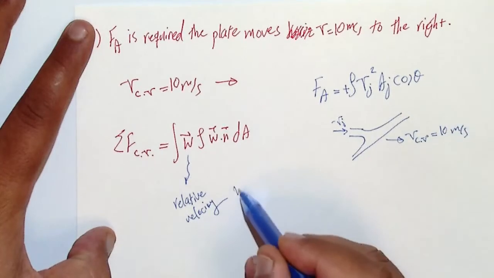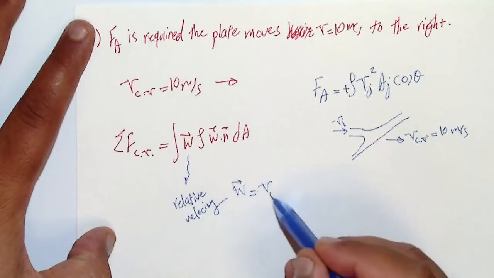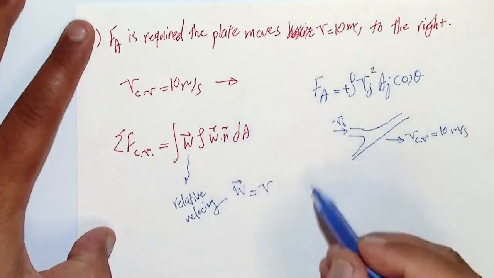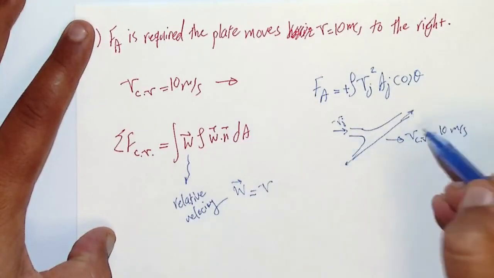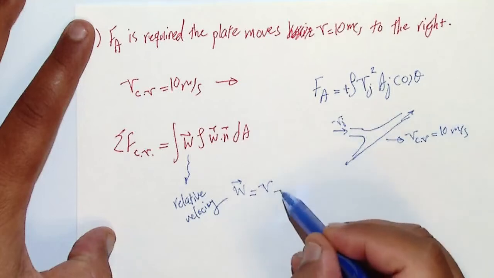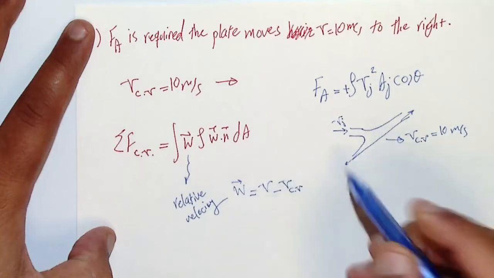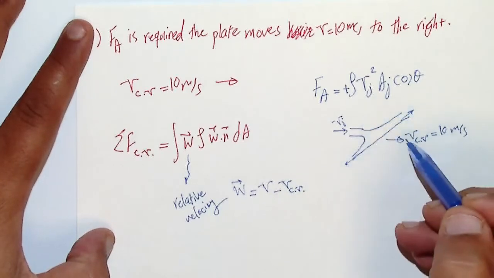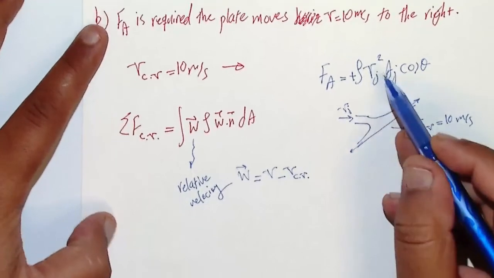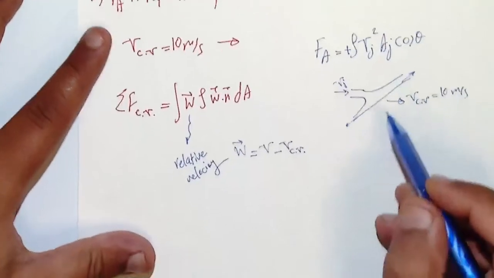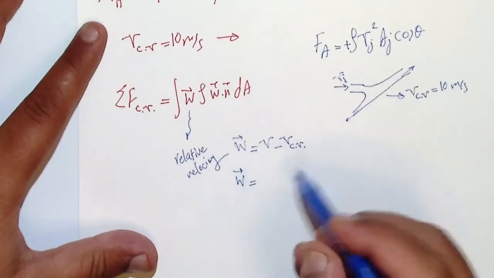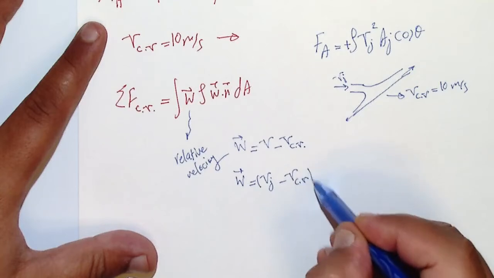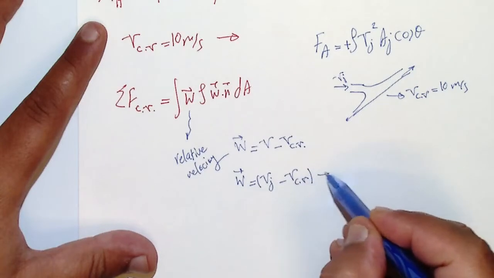So it means that W now is V minus V of the control volume. Whenever you have a V, it should be V minus V of the control volume. Here the only V that you have is Vj, to the right, so W now will be Vj minus V control volume, and it has to be to the right.